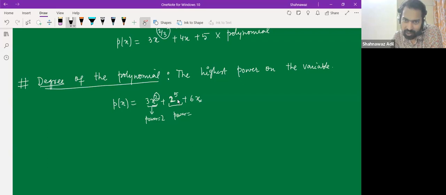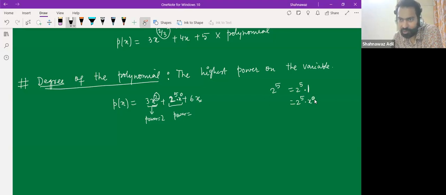So I can write this as x to the power 0, right? Because I can write any number as a product of 1. So I can write 2 to the power 5 as 2 to the power 5 into 1, and I can write 1 as x to the power 0.